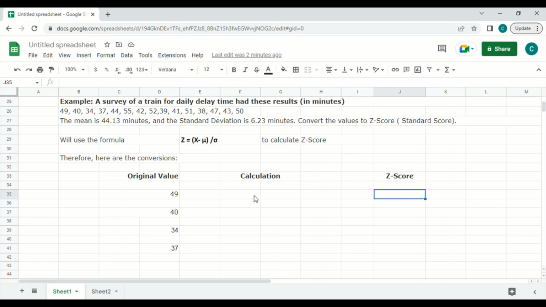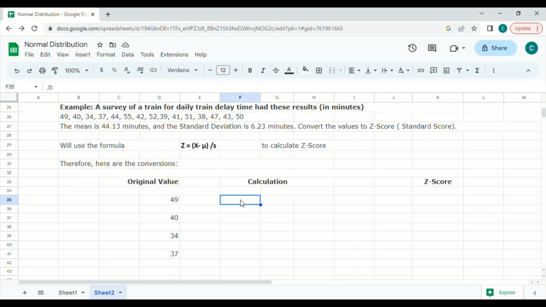Z-score equals x value 49 minus mean value 44.13, bracket close, divided by standard deviation, which is 6.23.